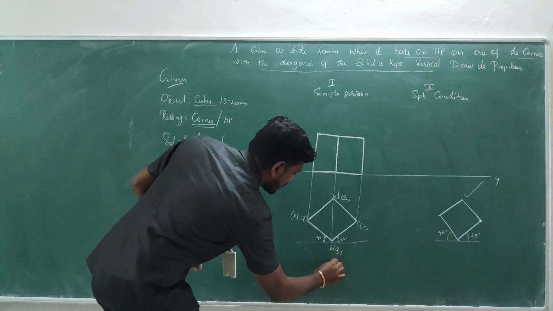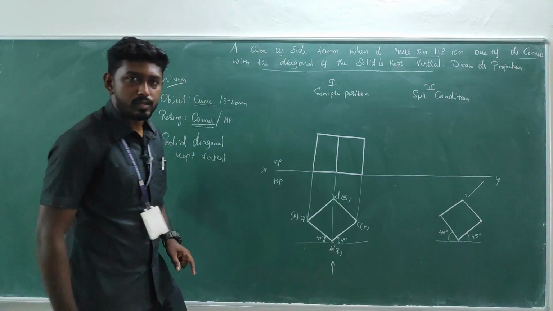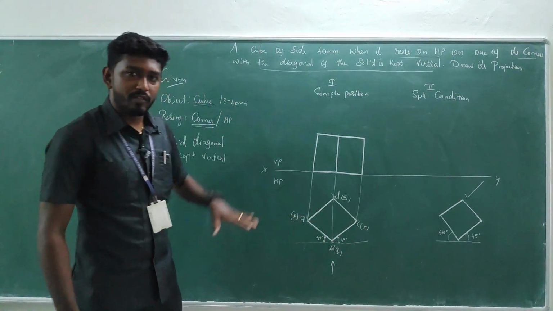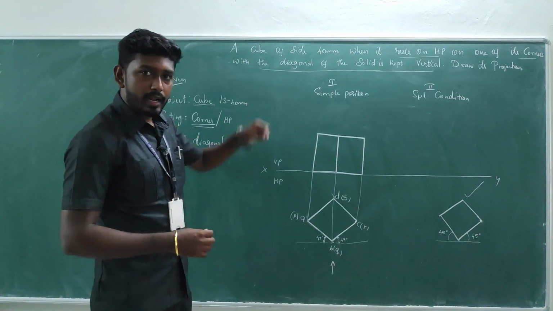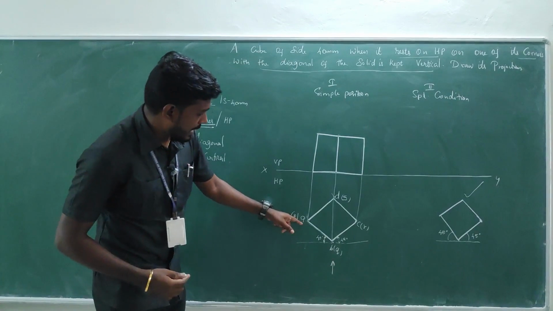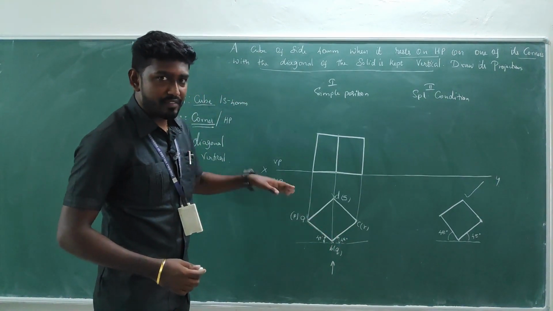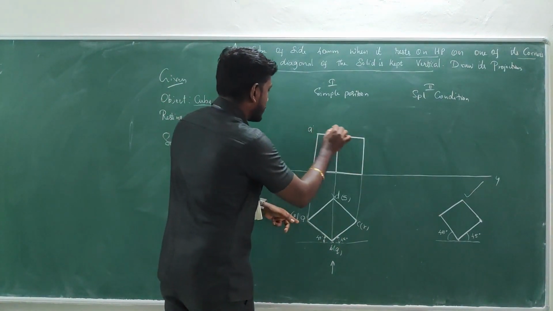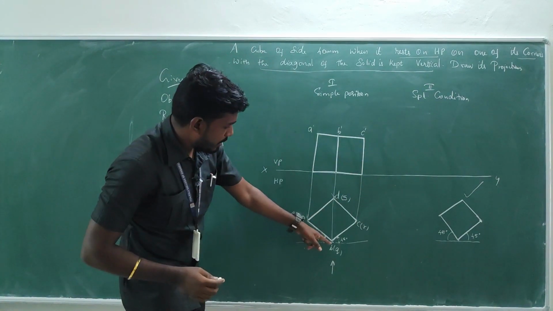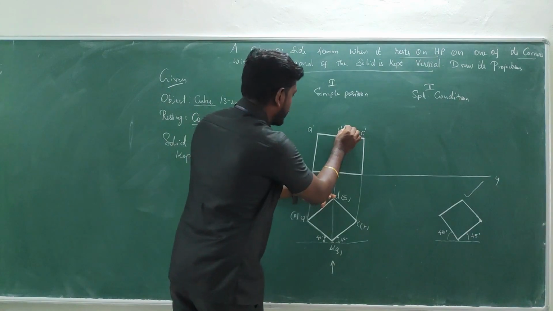So for that we have to look at the object something like this. Concentrate on the top. When you are looking from the front, A, B, C will be visible. It's a front view. So A dash, B dash, C dash are visible. Now looking from the front, D will be invisible.